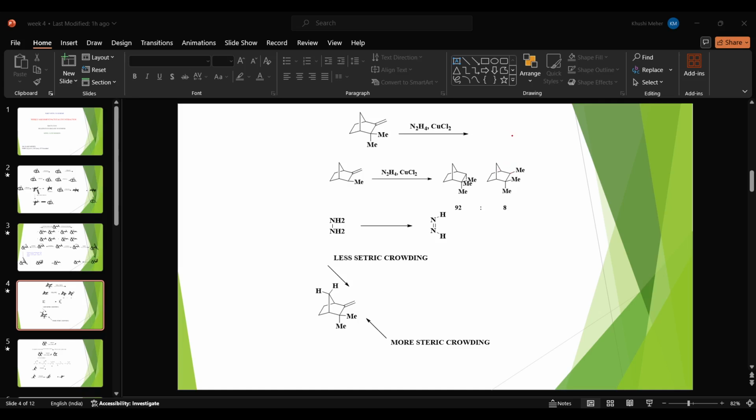Do you know what the difference is between a chiral center and a stereogenic center? This is a general question. What is the difference between chiral center and stereo center? Yeah, both are the same.